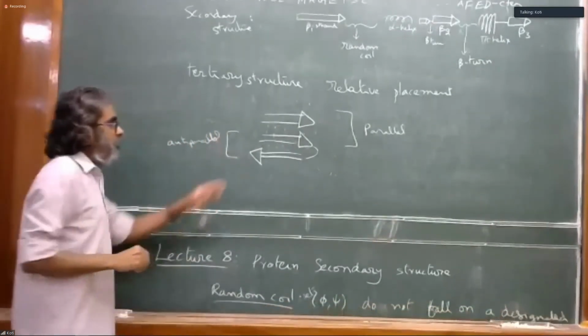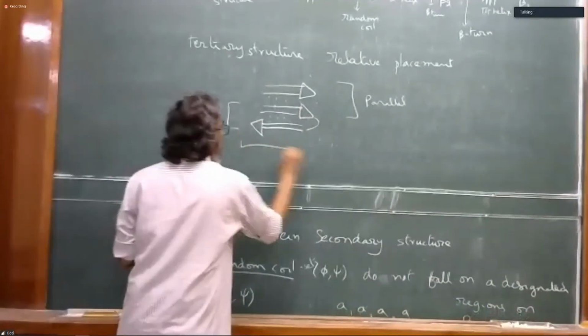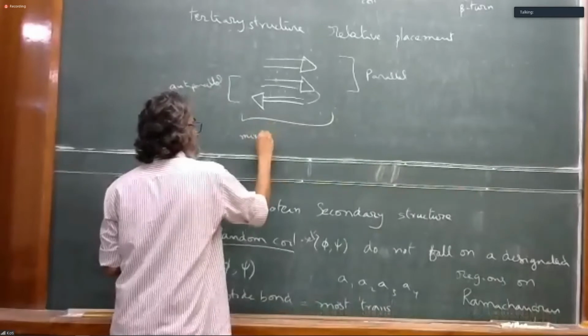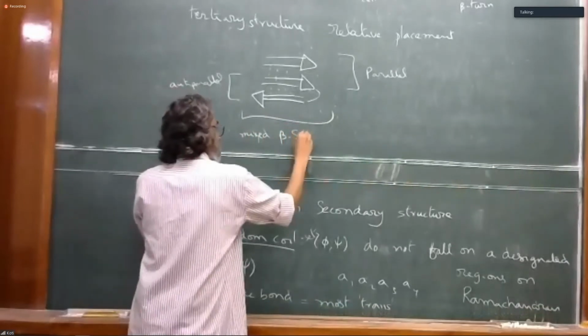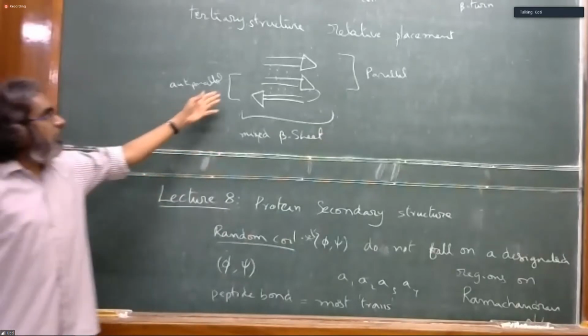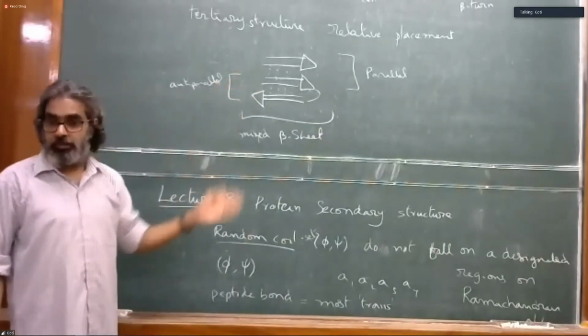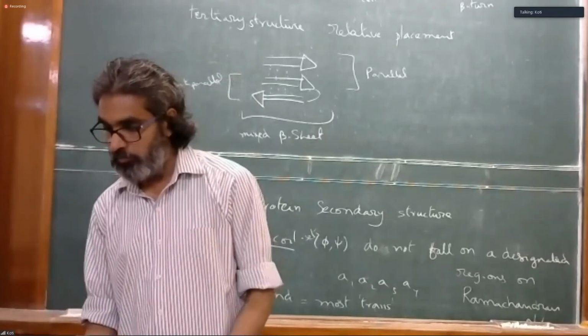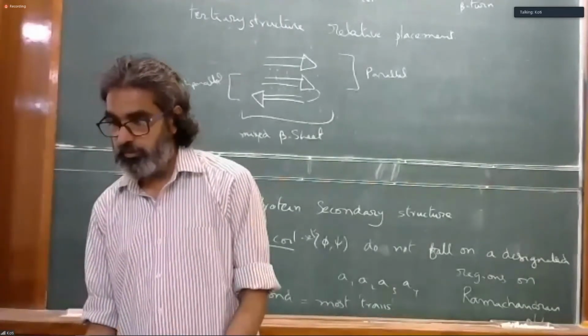Okay, so you can have in the same sheet a mixed beta sheet. In the mixed beta sheet, you can have strands both parallel and anti-parallel. It's really possible. So this is a real example, which clearly shows this.